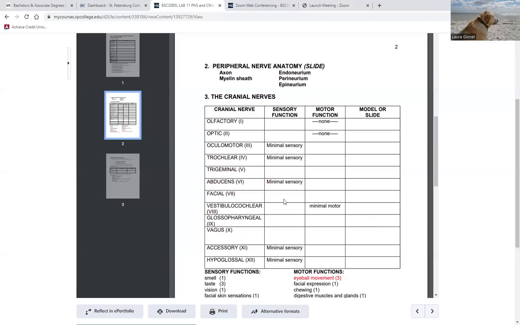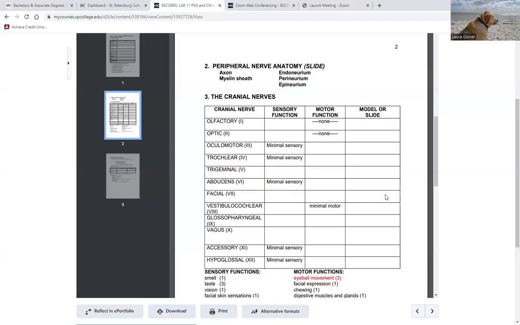I'm going to back up a little bit because I might have gotten ahead of myself when it came to the facial nerve. In case I did or did not, I'm going to remind you again of what the model or slide would be for the facial nerve, because maybe I went a little too fast for that. For taste, that would be a taste bud slide.